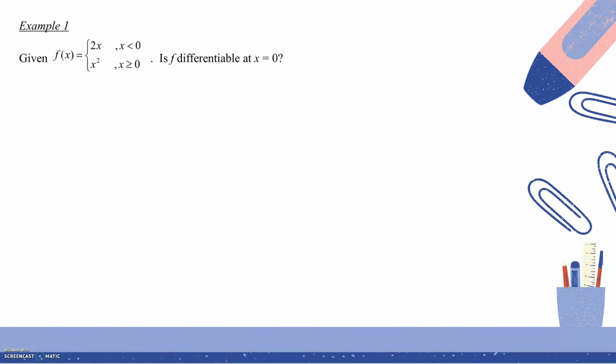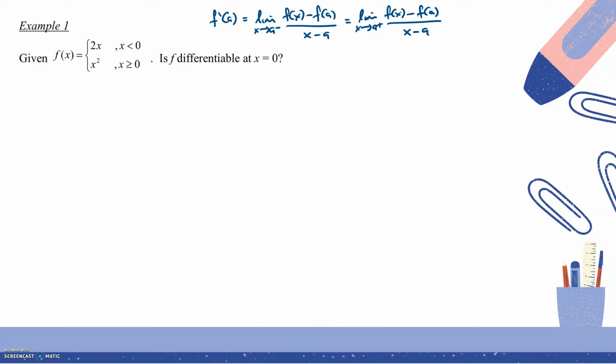Example 1. Given a piecewise function, we have to determine whether f is differentiable at x equals 0. f prime of a is equal to the limit as x tends to a from the left of f(x) minus f(a) divided by x minus a, is equal to the limit as x approaches a from the right of f(x) minus f(a) divided by x minus a.